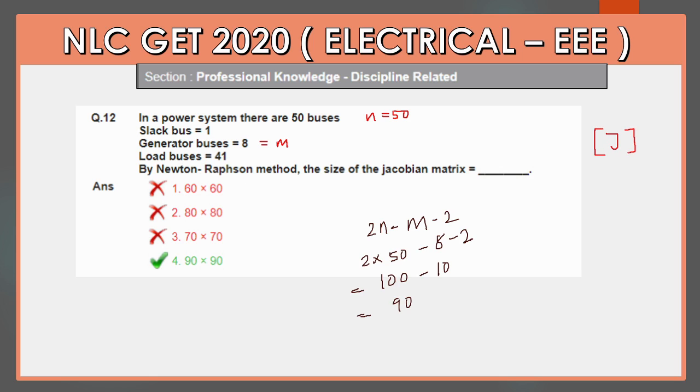We know that the size of the J matrix is 2n minus m minus 2 cross 2n minus m minus 2. If we put the values of m and n here, you will get 90 cross 90. So the last option is the answer.